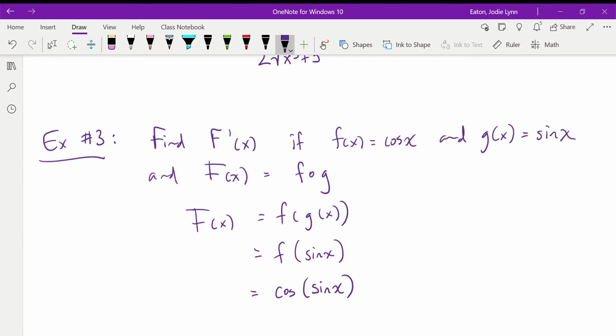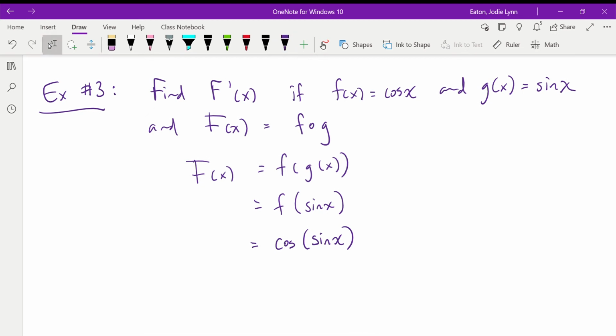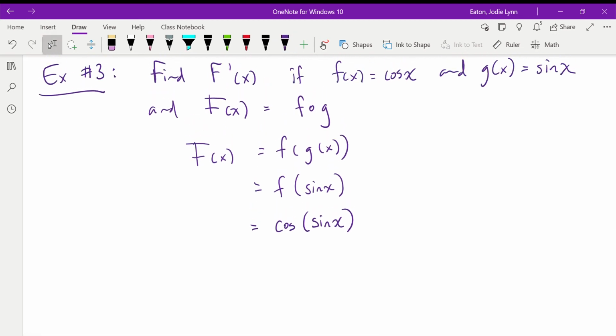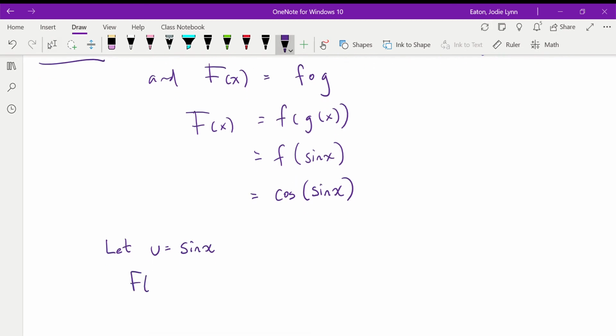Interesting. Now we're going to have to use our chain rule. So let's define our u. Remember, our u is always our inner function, so let u equal sine x. So big F of u equals cosine u.